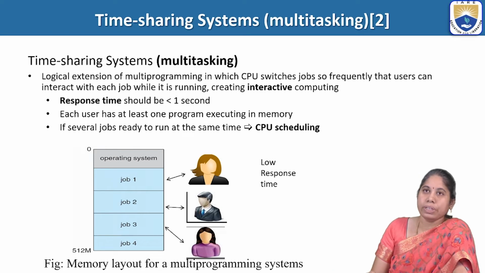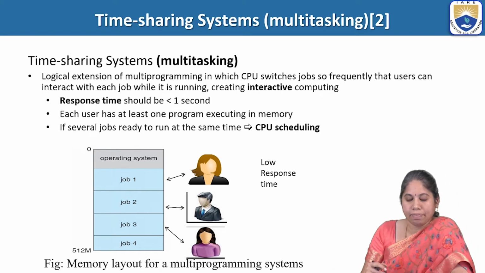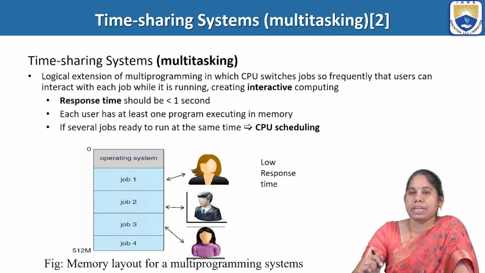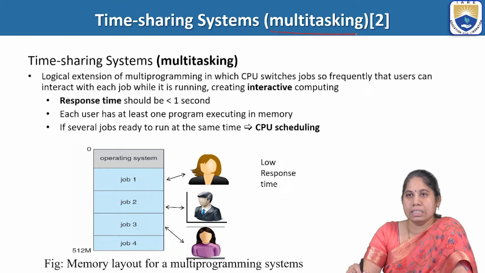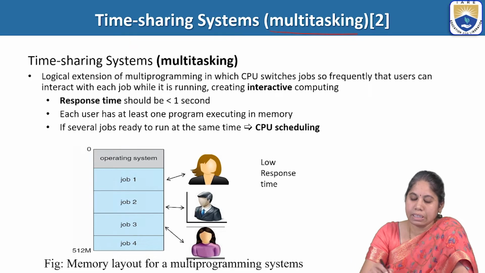So let me go to another type of operating system, the time sharing system. Another word for it is multitasking systems. Sometimes people use different terminologies, time sharing system or multitasking systems, but both are the same.